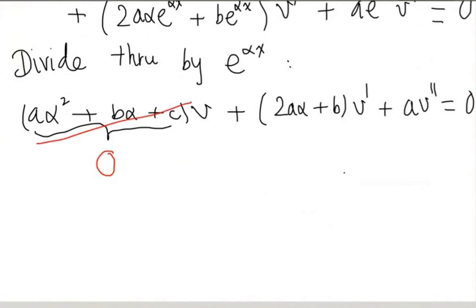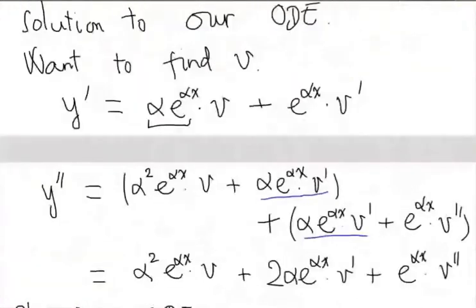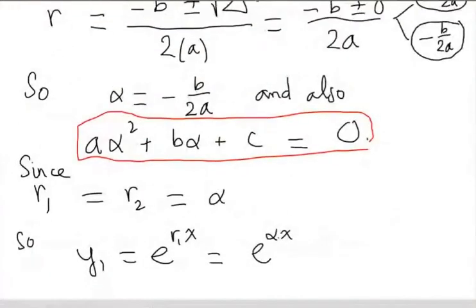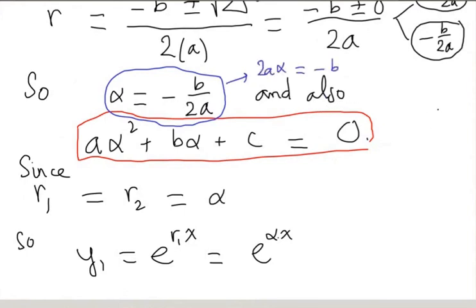Next, 2a alpha plus b. Back in here, alpha is minus b over 2a. So if you cross multiply, you have what? 2a alpha equal to minus b.